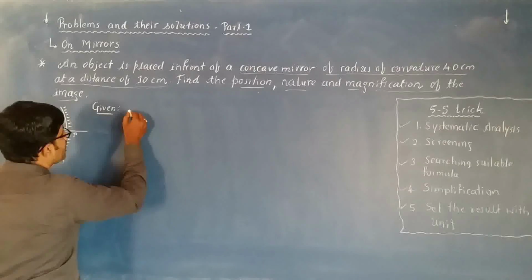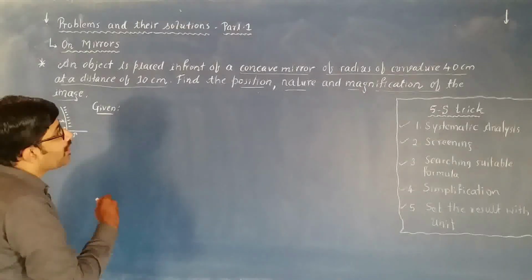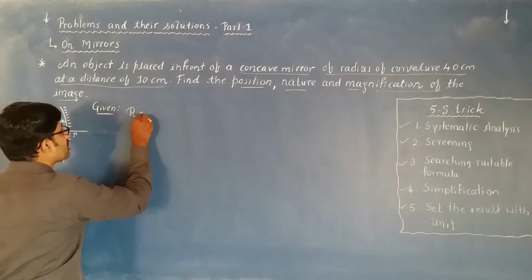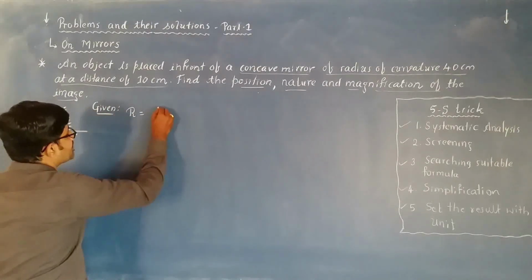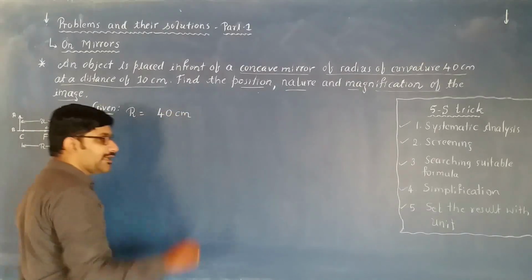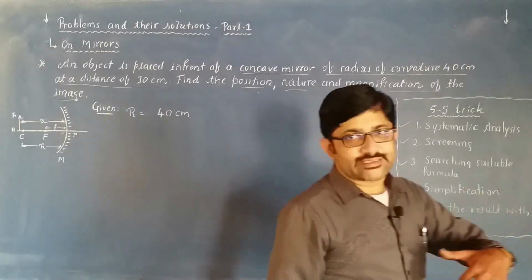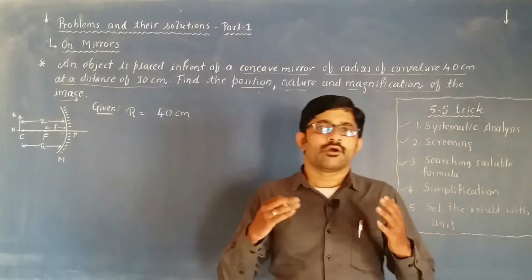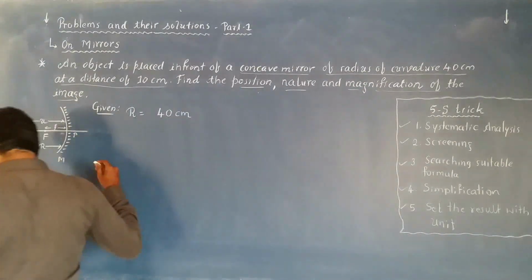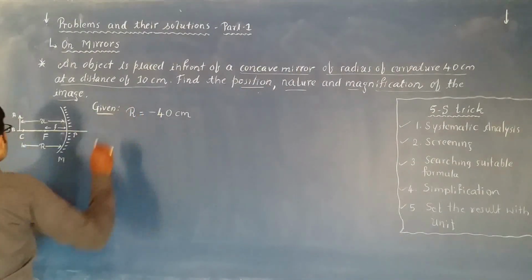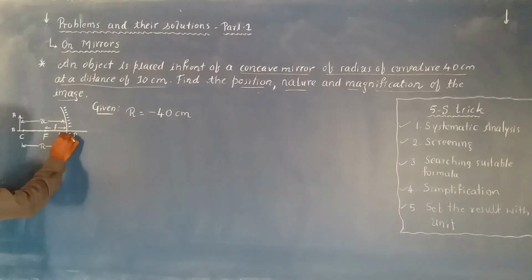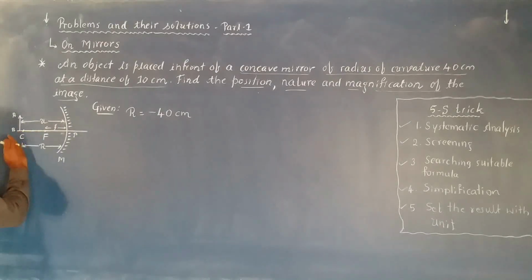So given parameters or given data are as follows: radius of curvature R is equal to 40 centimeter. Now the question arises whether it is plus or minus 40 as per the rules of sign convention. R should be minus, because you are taking the radius of curvature from the left hand side.